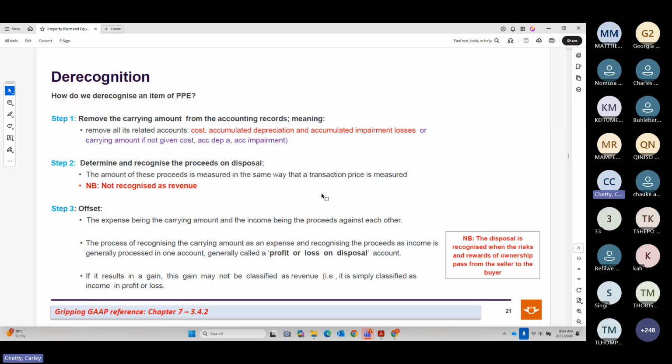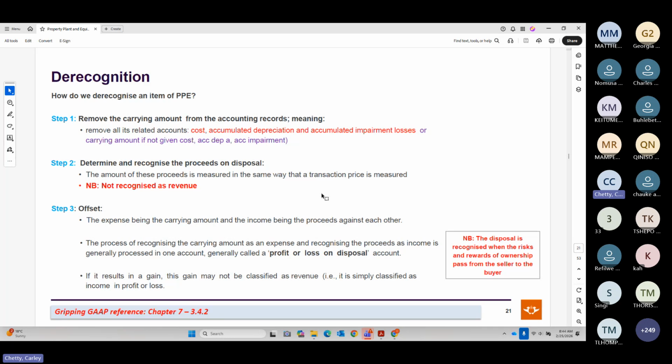So once we have removed the carrying amount from the accounting records and we determined and recognized the proceeds on disposal, then we are going to do an offset. We're going to set off the carrying amount and the income against each other.